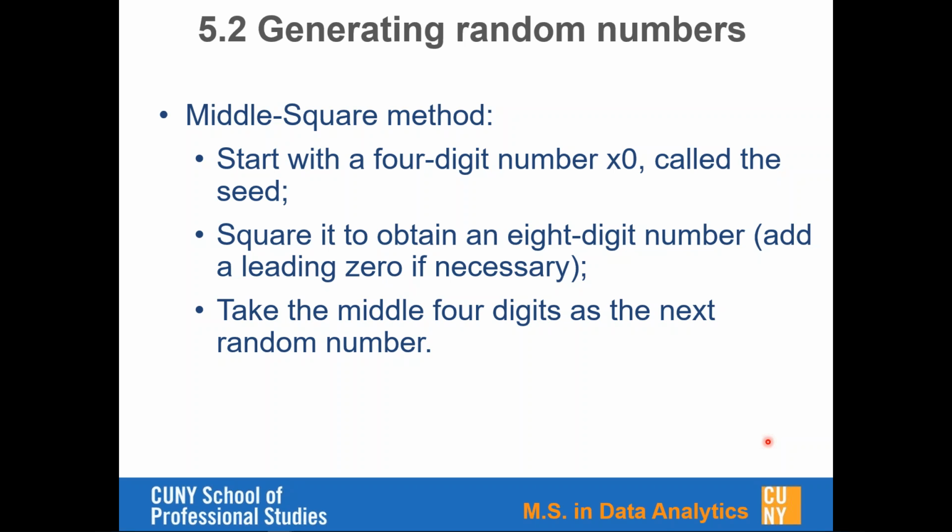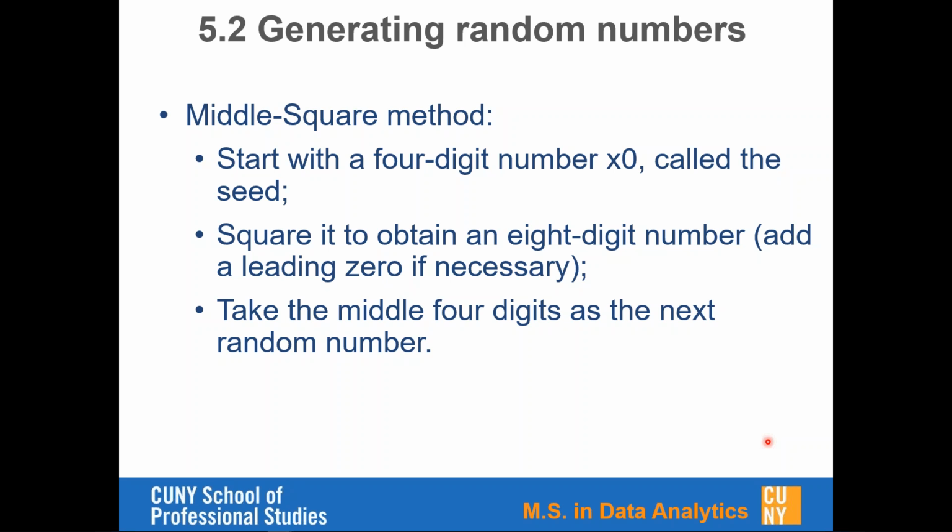One of the methods that we want to introduce here is called the middle squared method. We start with a 4-digit number x0, and call that the seed. In a random number generator, anything that starts as the first initial number is called the seed. Then what we do is square it to obtain an 8-digit number, adding a leading zero if necessary.